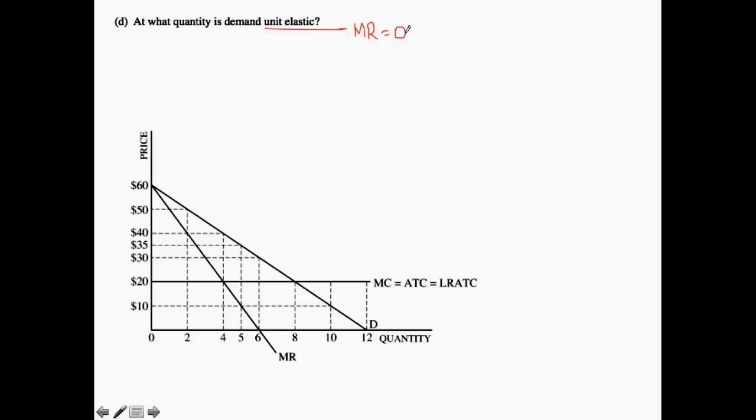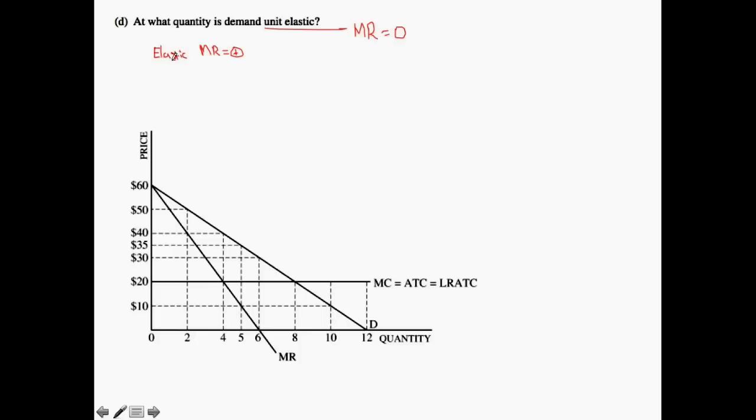And so the difference here would be if they were asking you where the quantity is demand elastic, then you'd be looking for where marginal revenue is positive. So marginal revenue is positive when it's elastic, and that would mean that it's really easy to switch over in terms of your quantities.